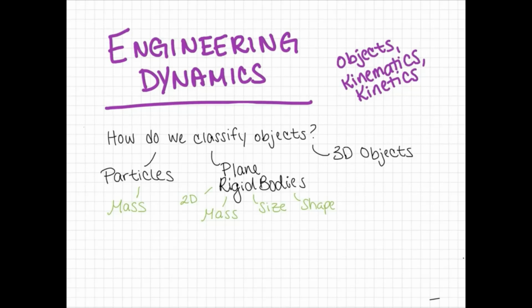Now, 3D objects are a little bit more complex because they are 3D, of course. But really, they're the same as the plane rigid bodies because they have shape, size, and mass.